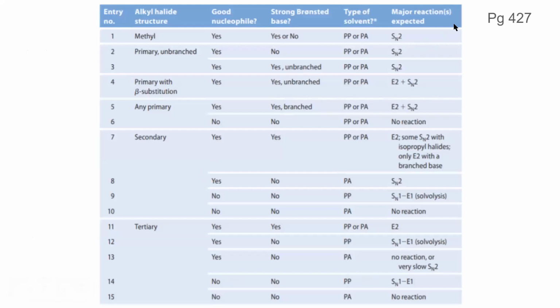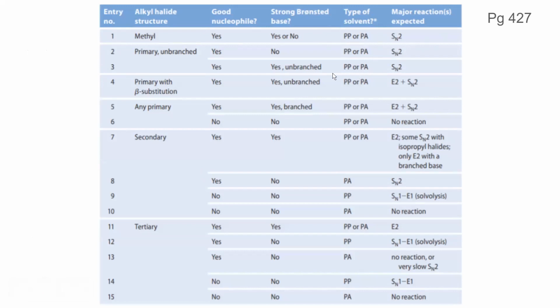I'm not going to go too much into this table, but it does appear in your textbook. I've written down the page number up here, page 427. It basically summarizes everything we talked about: if you were trying to predict these substitution and elimination reactions, you have to consider the substrate, the nucleophile strength, the base strength, and the solvent.